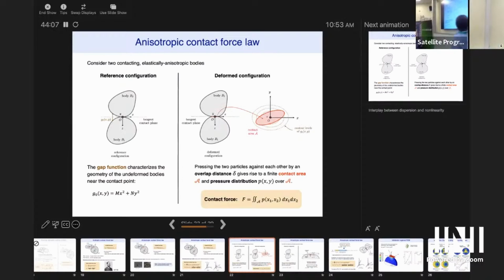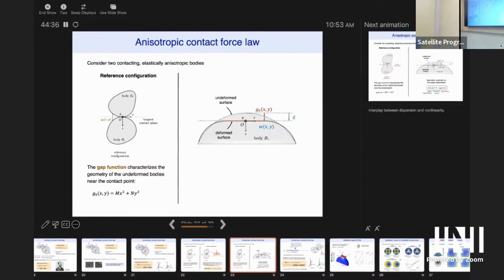These dotted lines were the contours of what they looked like when they were barely touching, that's just the gap function. When they touch, especially if they're anisotropic or have funny shapes, you might get some first order ellipse-shaped contact patch that might not match up with this. But if I integrate the pressure, I should get the contact force, whatever it may be.